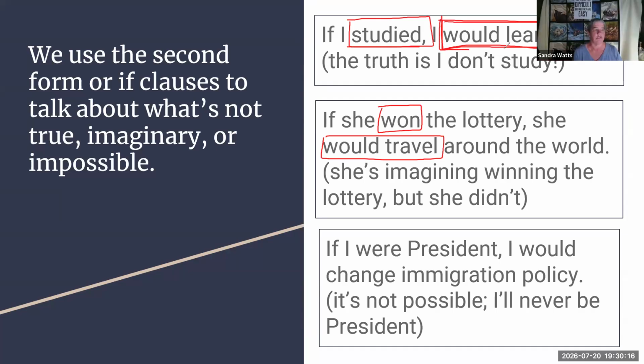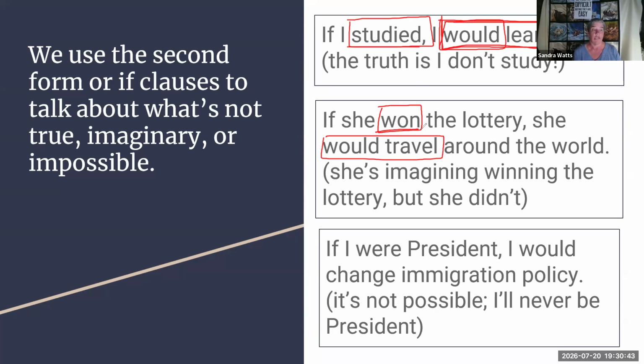If you need to look at this word in your language, I will not be angry. Because I want you to get this idea. But this is the difference between true or possible, not true, not possible, imaginary. So if I studied, I would learn.